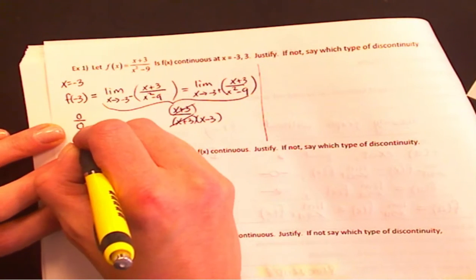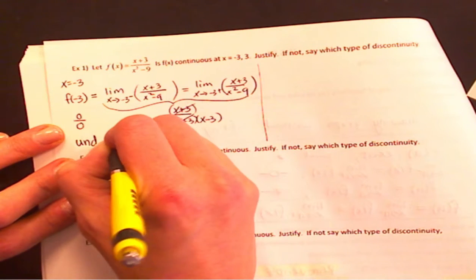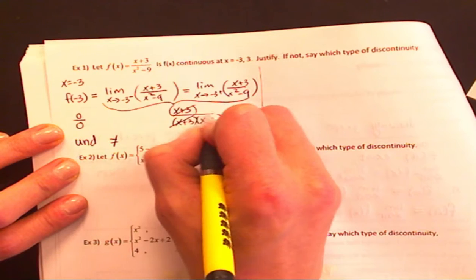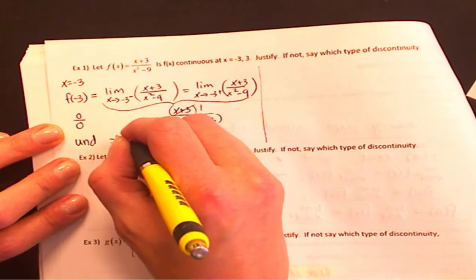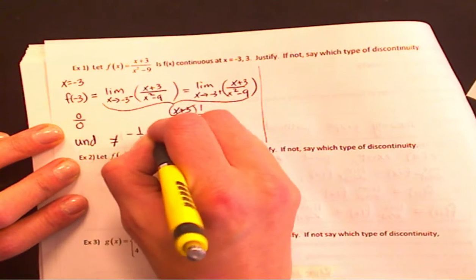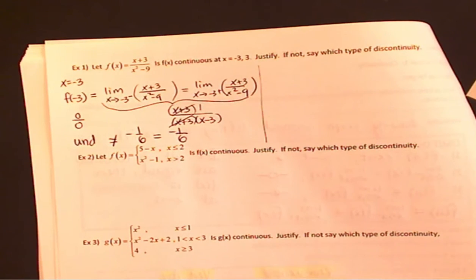Okay. So we get undefined does not equal, plug in negative 3 again, negative 1 over 6 equals, okay, I'm still going to keep all 3 parts even though I showed my work once.